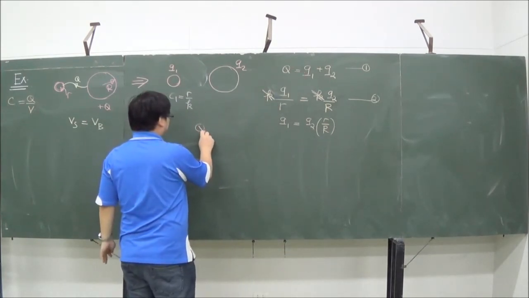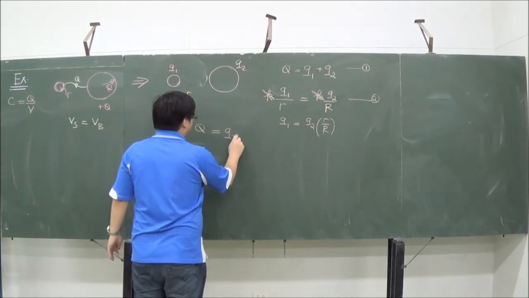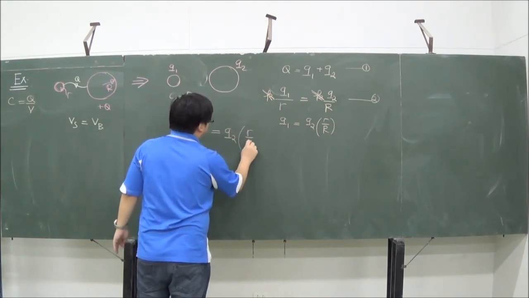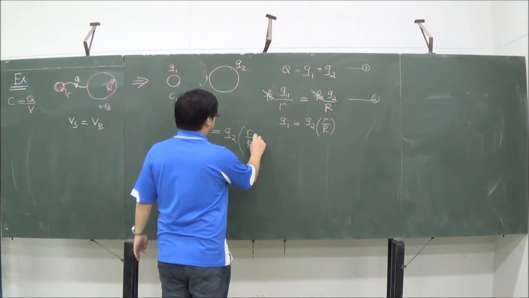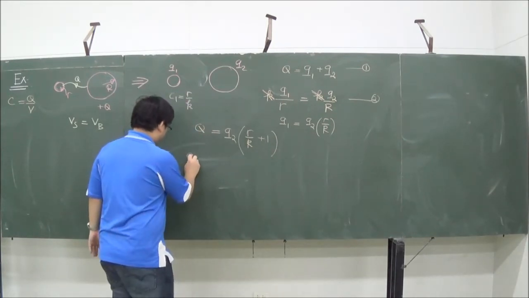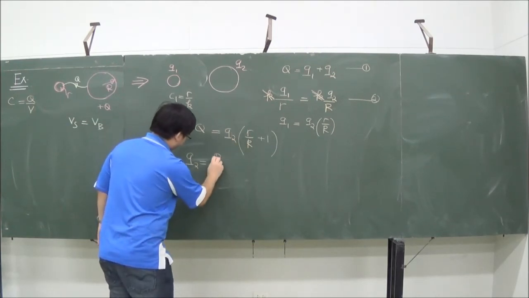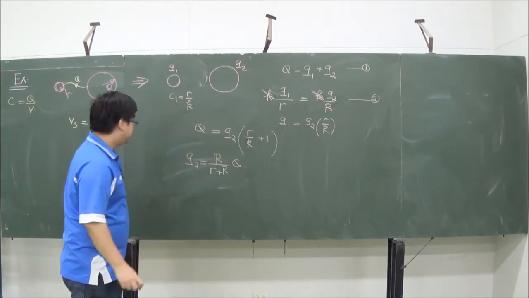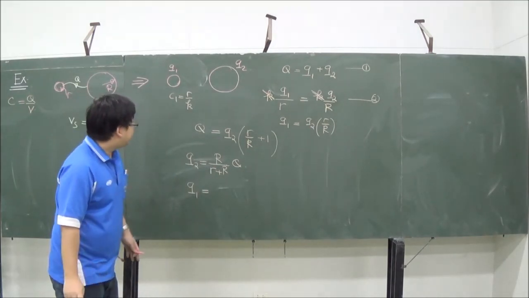So you get Q equals Q2 over R times small r plus big R. Then you solve in the same way with the same technique.